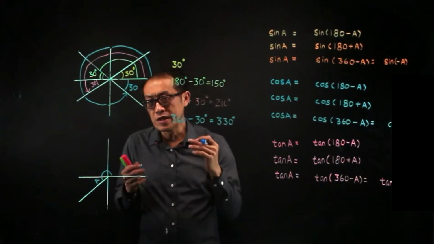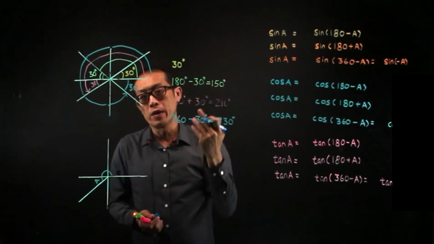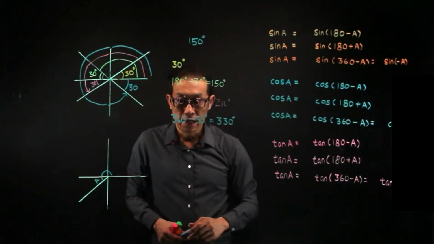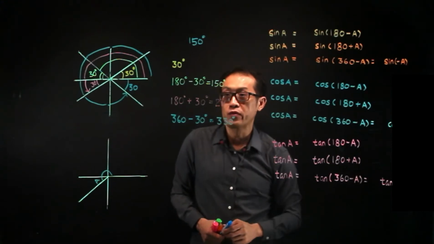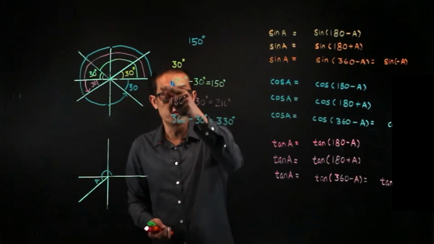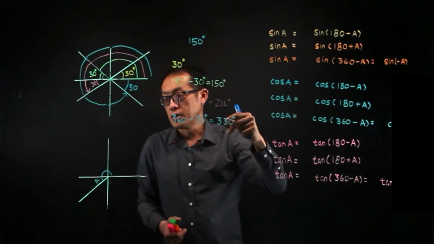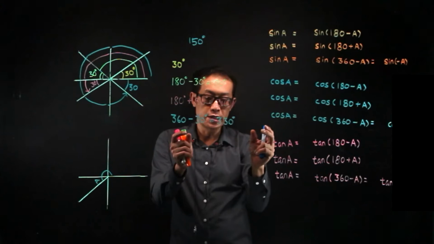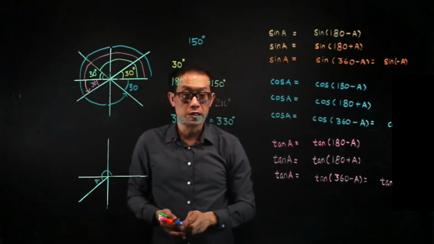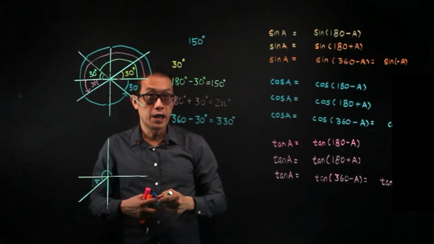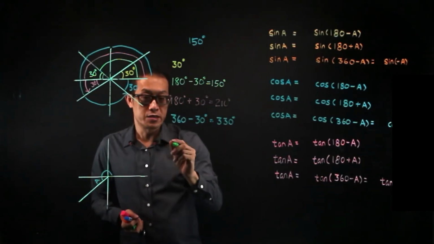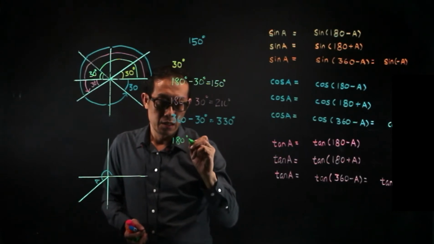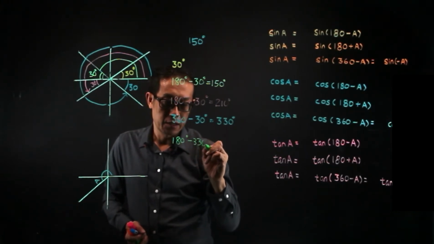Now what happens if instead of giving you an acute angle, I give you some other angle that has a basic angle of 30? Let's say I give you an angle that is in the fourth quadrant. Let's go through this procedure and see whether we will get all the angles within 0 to 360 that have a basic angle of 30. Let's do this first: we use 180 minus 330.